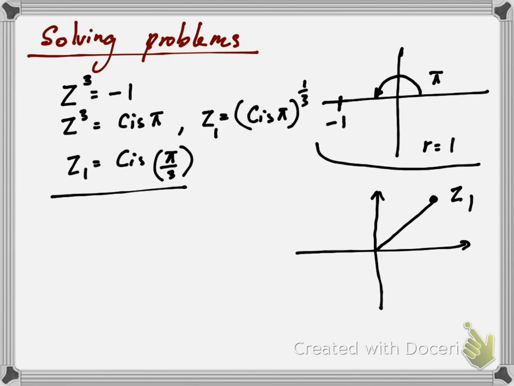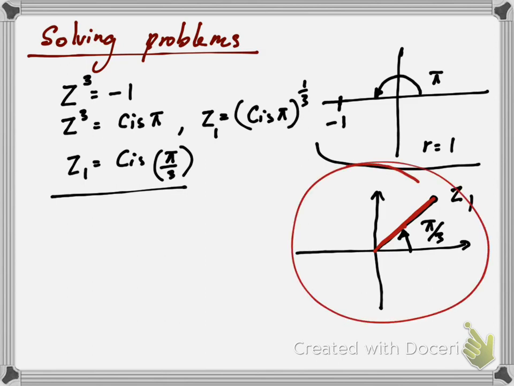Think of a circle, look at the power. The power is the number of solutions. If you set it to the power 3, there are 3 solutions. So if z1 is pi over 3, from this point onwards, this circle is divided into 3.